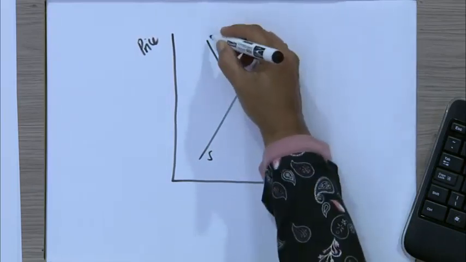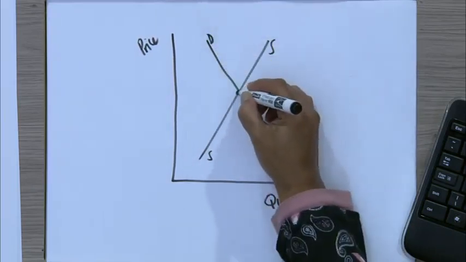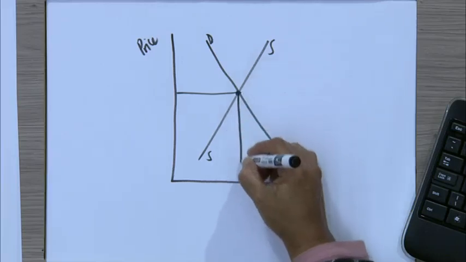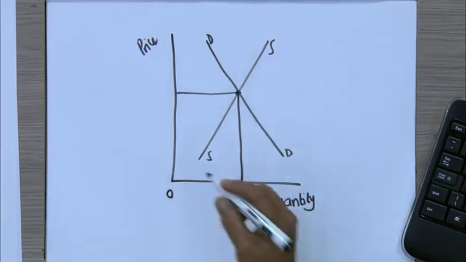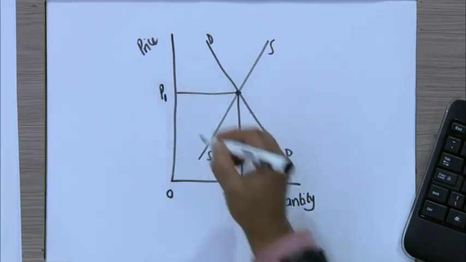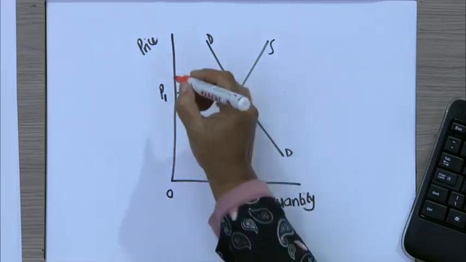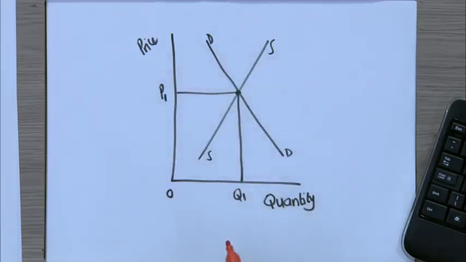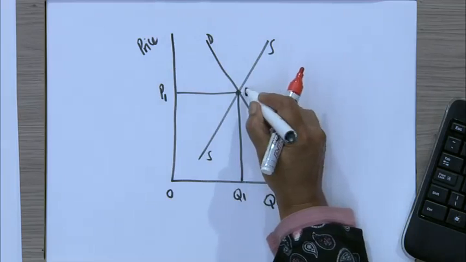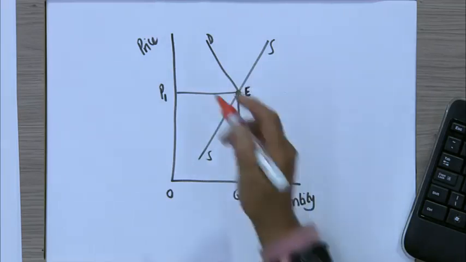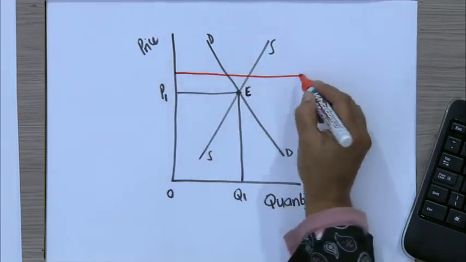Wages is the price for labor. So once again, you're going to find that your minimum wage will be above the point of equilibrium. So the minimum wage would be somewhere there.